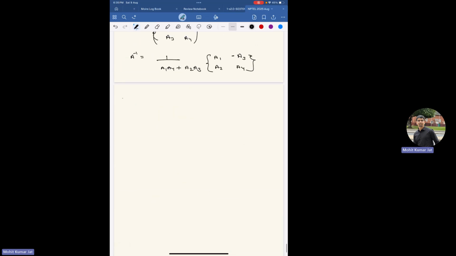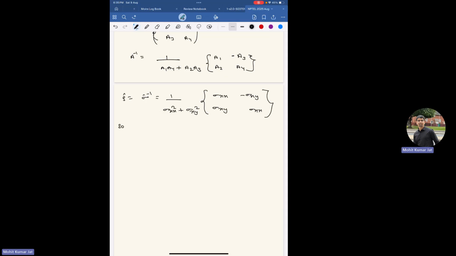If you follow the same for rho, which is the inverse of sigma, this will turn out to be 1 by (sigma xx square plus sigma xy square) times the matrix sigma xx, minus sigma xy, sigma xy and sigma xx.